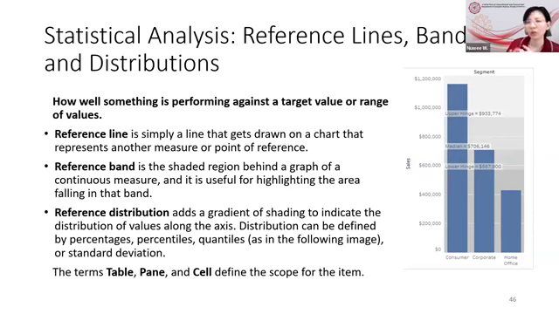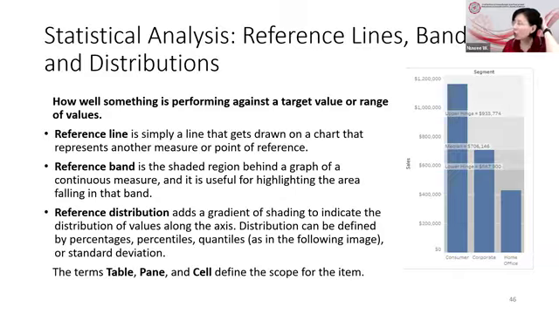What you need to know are the terms table, pane, and cell, which we already talked about when we talked about table calculations last week. Table means the whole thing. Pane means if you have a categorized category, which gives you small graphs in the big graph, that is called a pane. And each bar, for example in a bar chart, is the cell.